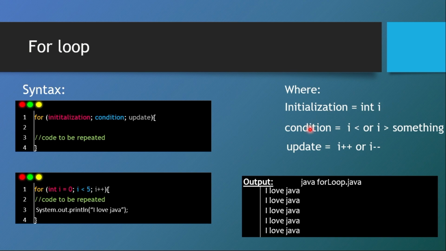And then we have our condition, which is i should be less than or i should be greater than something, right? And then we have our update, which is our increment, post increment or post decrement operators. Remember, I talked about this earlier on in the selections. So if you don't know what increment or decrement operators are, I highly suggest you go check that video out.